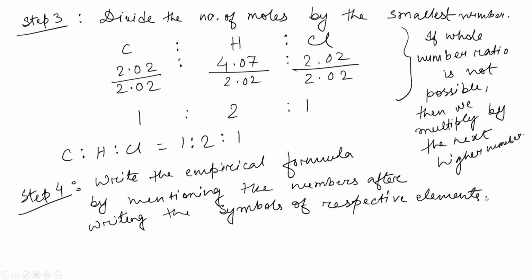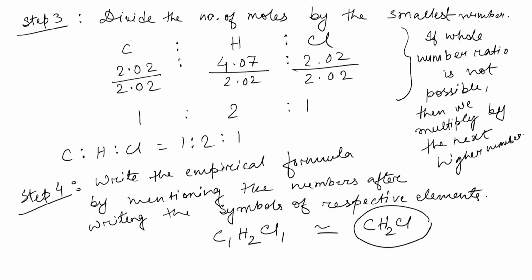Okay. So, C, what is the ratio of C? 1. Okay. H, 2 and Cl, 1. Okay. So, the empirical formula becomes CH2Cl. This is the empirical formula of this compound. Okay. Now, step 5 is writing the molecular formula.